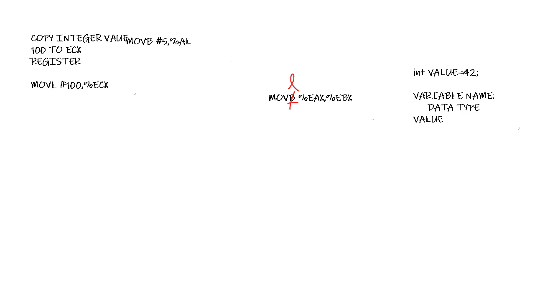So the variable name and colon are in the first line. In the second line there is one tab followed by the data type and the value.